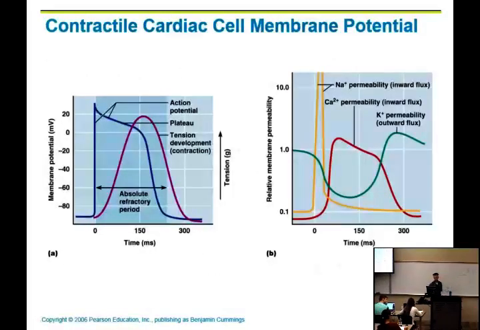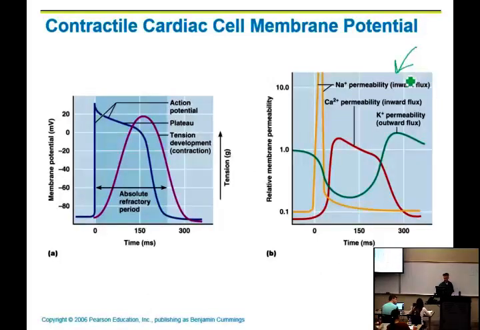Okay, so what we find, don't worry, over here where it shows permeability and stuff like that, don't worry about having to reproduce that on an exam or anything like that. But it just shows you how sodium permeability, that means movement of sodium, is causing that depolarization like we said.